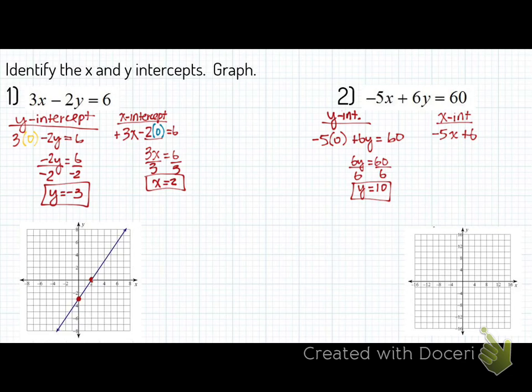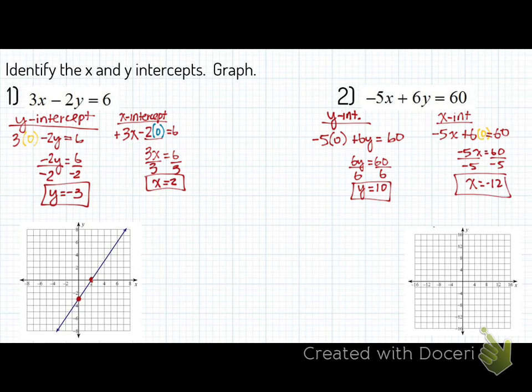I'm going to take out that y and put in 0, and that's going to be equal to 60. Then I ask myself, what's 6 times 0? 0. 0 minus 5x is negative 5x, which is equal to 60. Divide both sides by negative 5. So x is equal to negative 12.